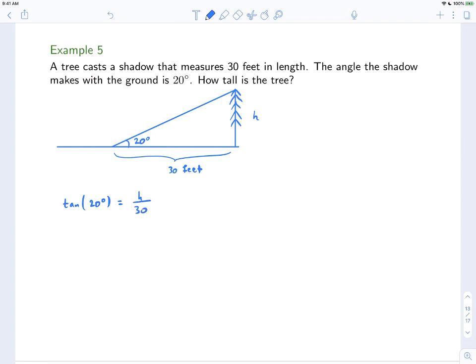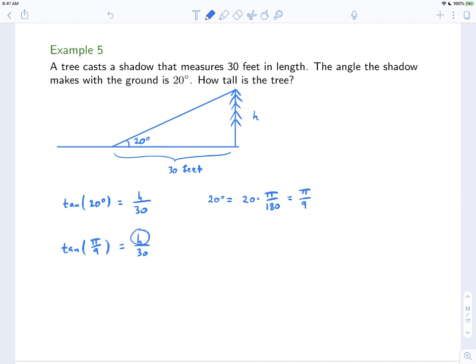Once again, we need to convert from degrees into radians. So 20 degrees is 20 times pi over 180, which is the same as pi over 9. So tangent of pi over 9 is equal to h divided by 30.